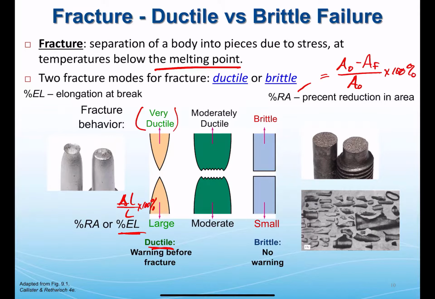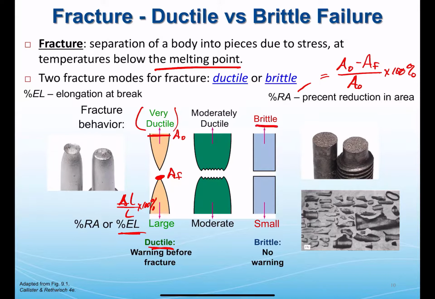So similarly, the percent reduction in area would be very large. So that is to say that the area at failure is going to be much, much smaller than the original area, perhaps represented here by the material that didn't neck at all up here. Okay, reduction in area is going to be large for a ductile failure.